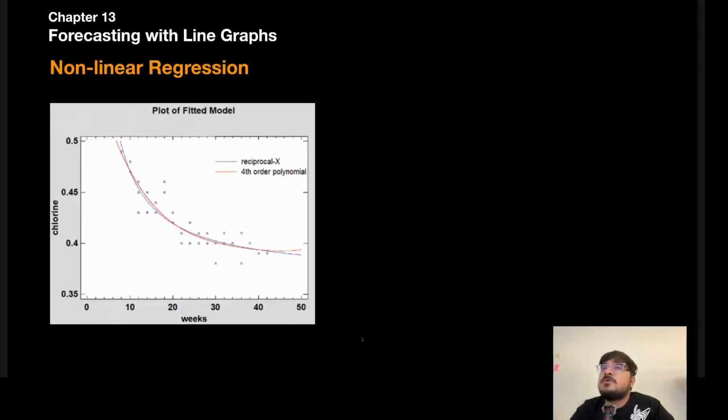Now you see there are two things coming out. There's no straight line, it's a curved line, and there are two lines in this graph. One is blue, one is red. Blue is reciprocal x, and the red is fourth order polynomial.